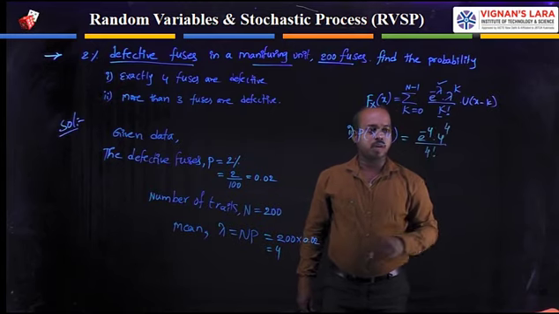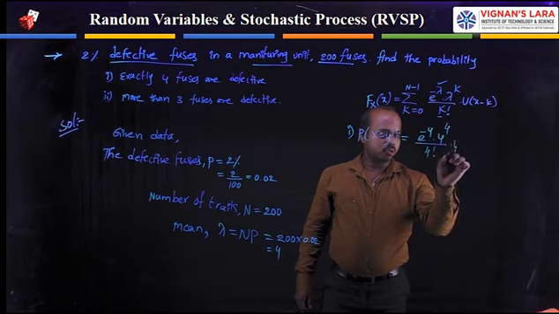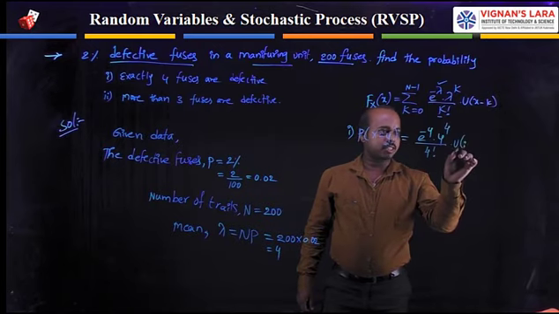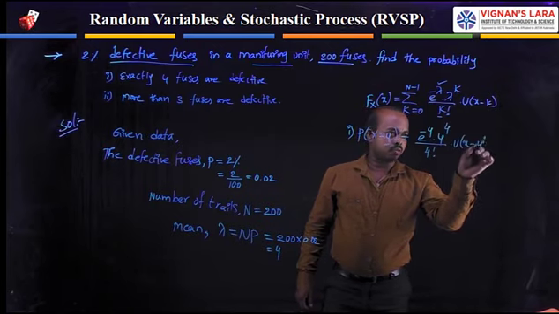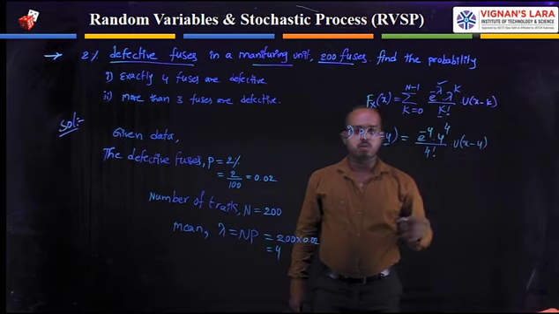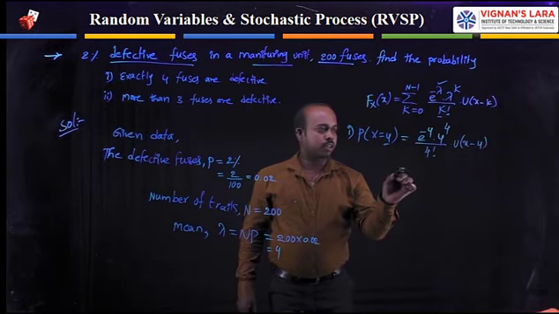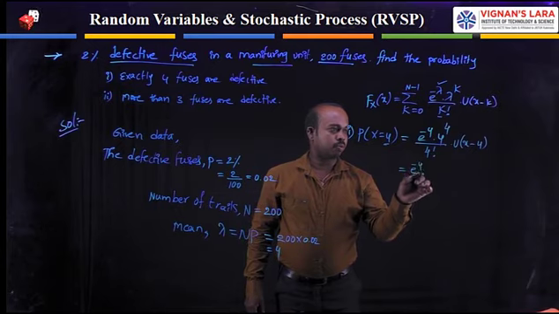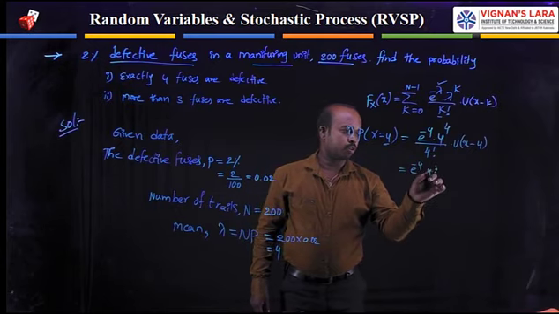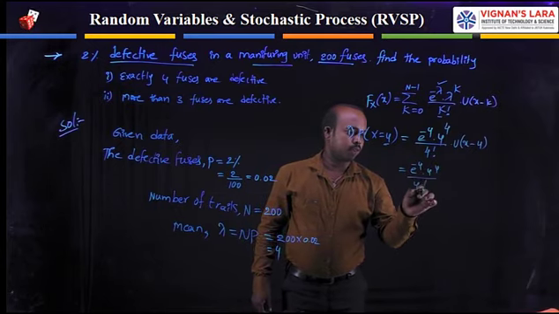Divided by k factorial, that is 4 factorial, into u of x minus k, where the k value is 4. Then you write e power minus 4 into 4 power 4 divided by 4 factorial.